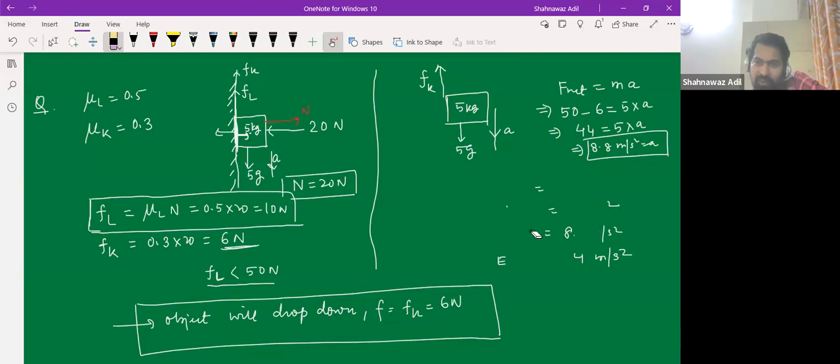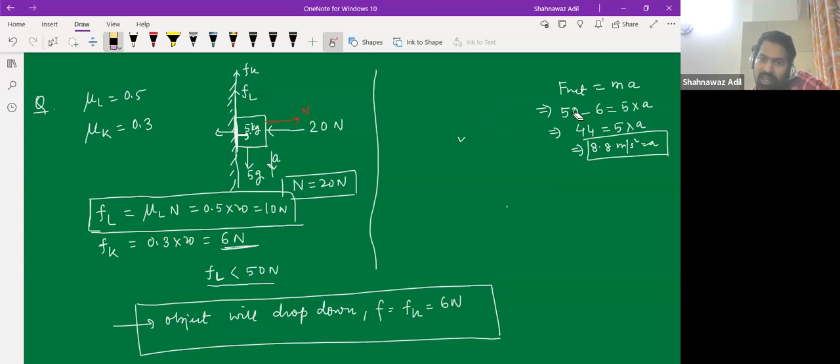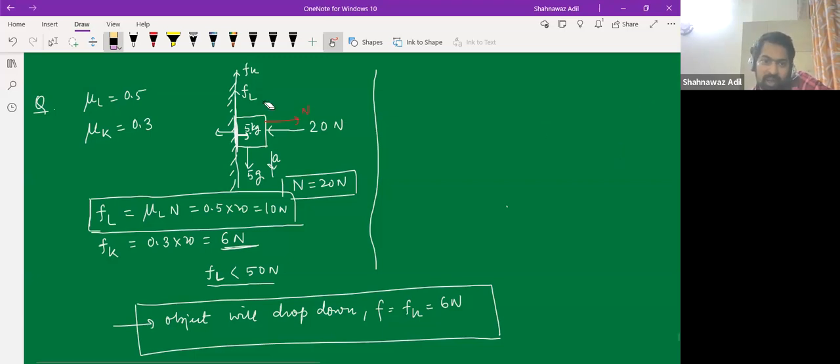Now my question is, when I apply a 20 Newton force, the friction becomes 10 Newton.